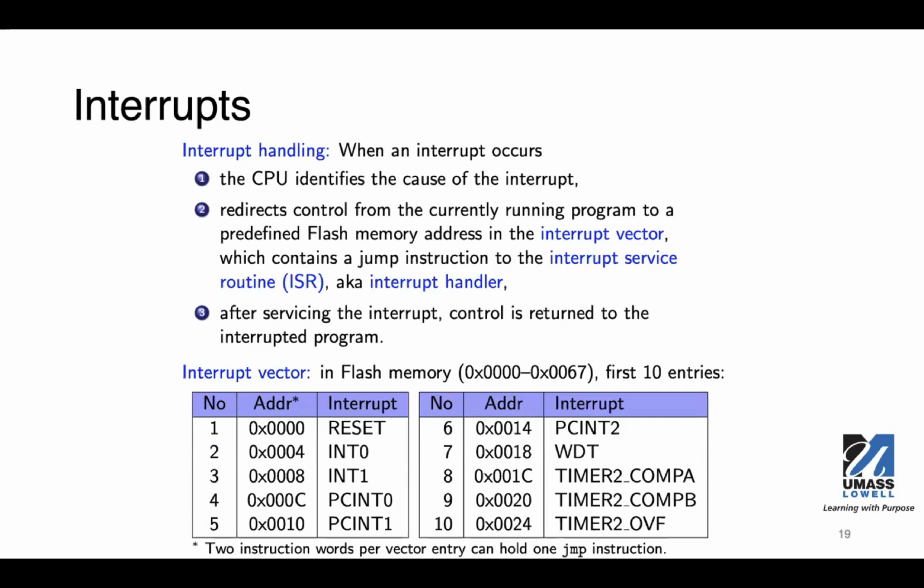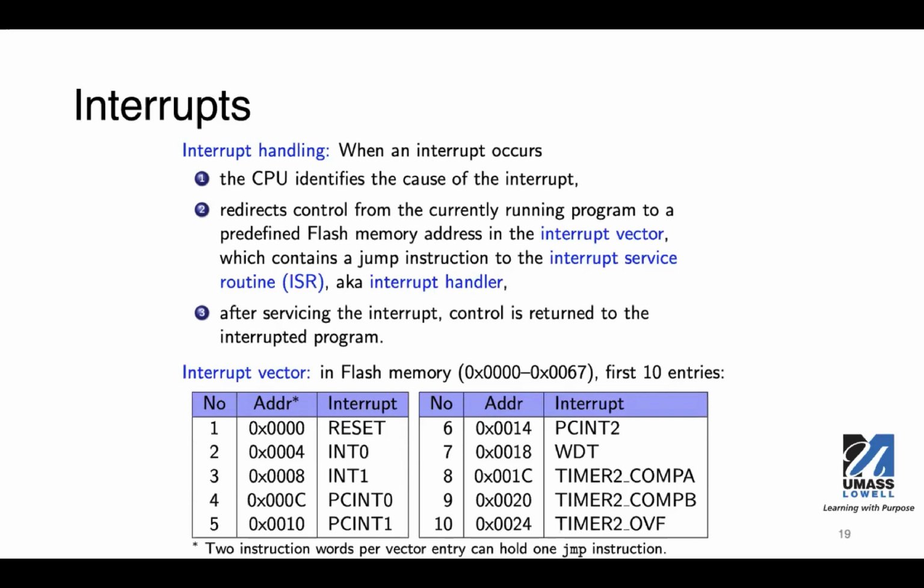When an interrupt occurs, this is how the processor will respond. First, the processor will identify the cause of the interrupt. Then it will redirect the control from the current running program to a predefined flash memory address in the interrupt vector, which contains a jump instruction to the interrupt service routine, or interrupt handler, sometimes called.